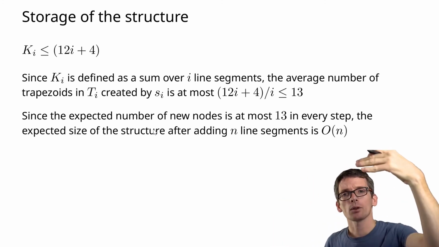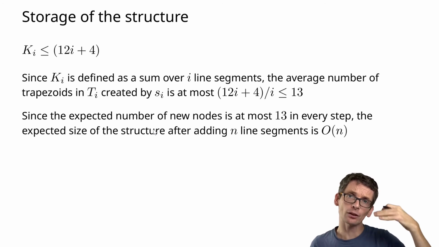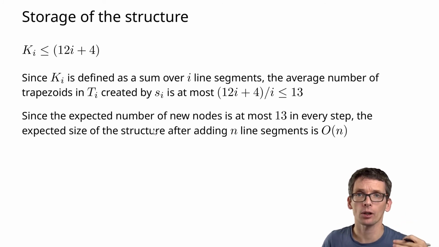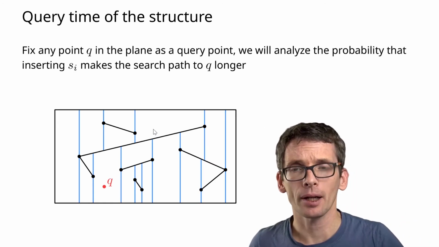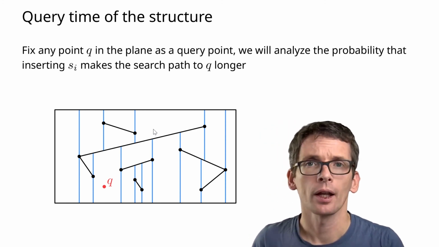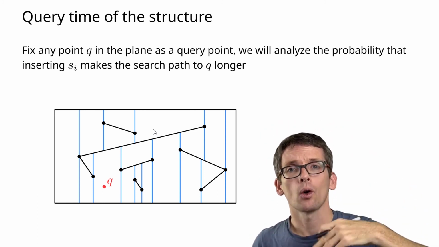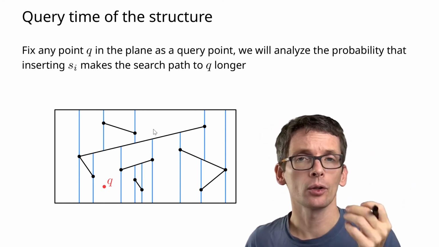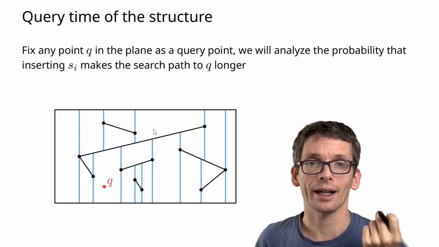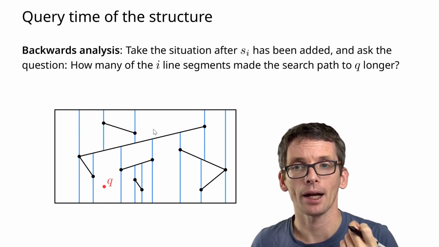Now we are interested in the length of the search path, because the length of the search path corresponds to our query time. So let's say this is my query, this point Q, and I want to know how long the search path is. We can again use backwards analysis to analyze how long the search path might be.